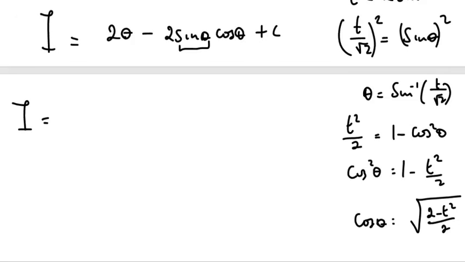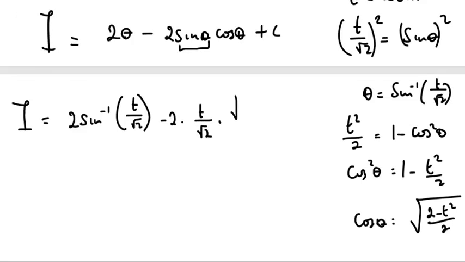So here I is going to be equal to 2 theta, which is 2 inverse sine of t by square root of 2, and then minus twice times sine of theta, which is going to give us t by root 2, multiplied by cosine of theta, which we can write as square root of 2 minus t squared divided by square root of 2, and then plus c.